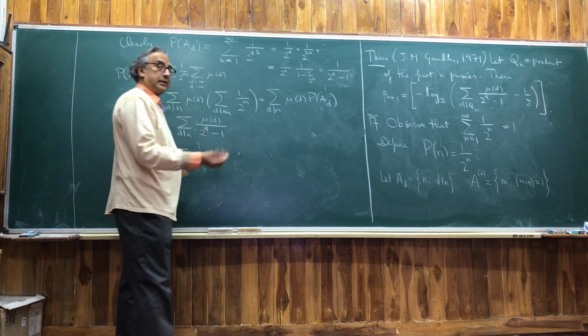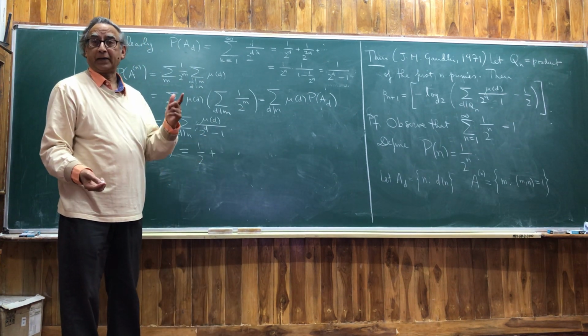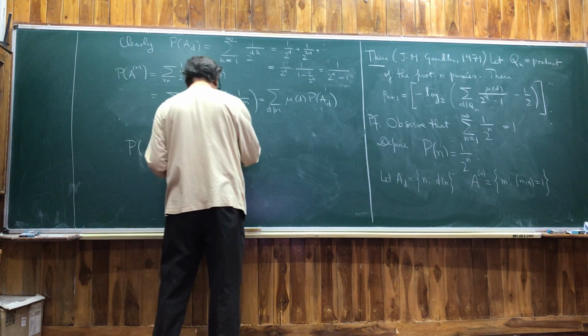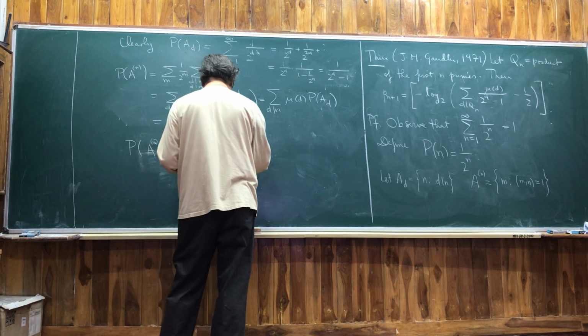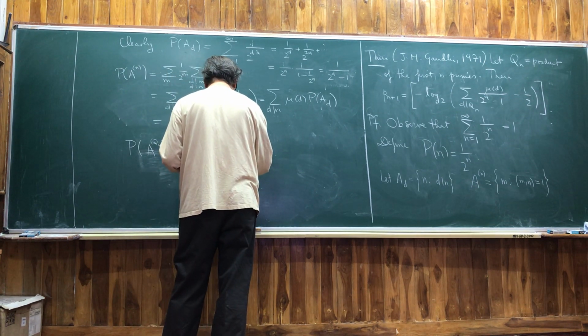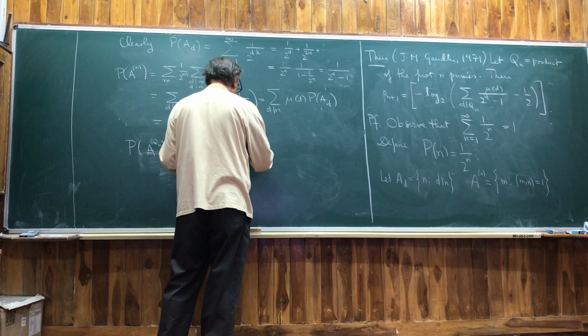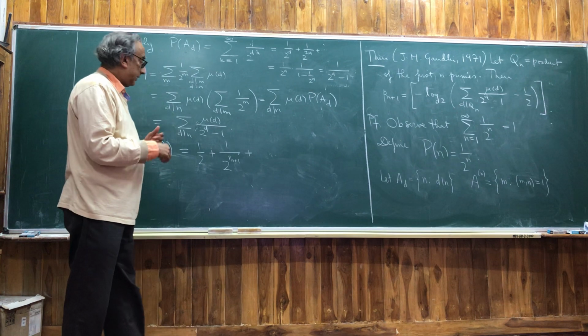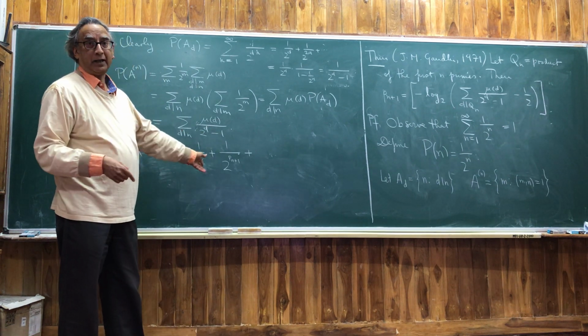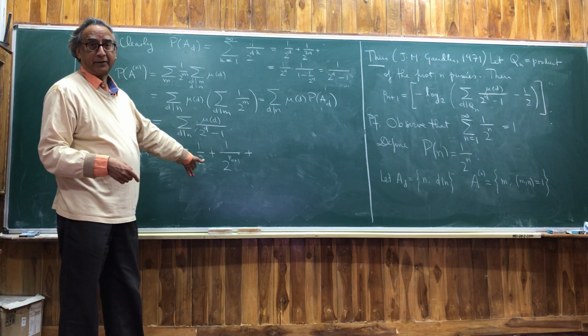What's the next one? It's the n plus first prime, and that has measure 1 over 2 to the p sub n plus 1. And then higher terms. Well, p sub n plus 1 probably is not one of the elements because it'll have a common factor.